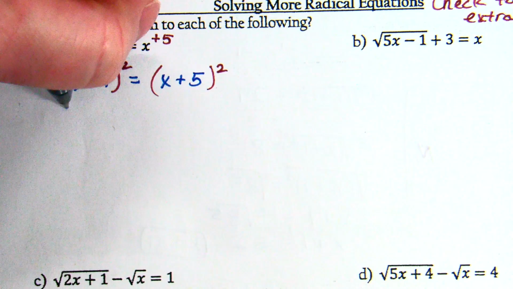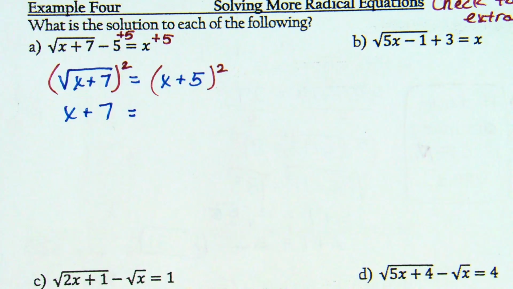On the right, what is x plus 5 quantity squared?